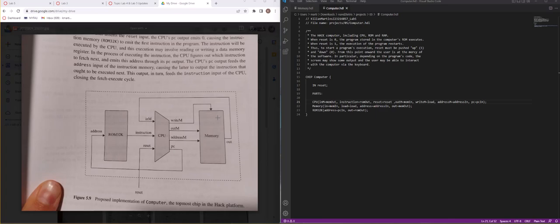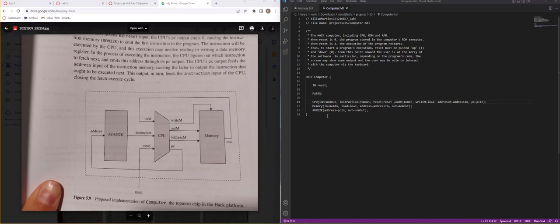Then you have the instruction coming in from the ROM. You have the reset, and then you have the inM that's coming from the memory, which is the value of the memory location.